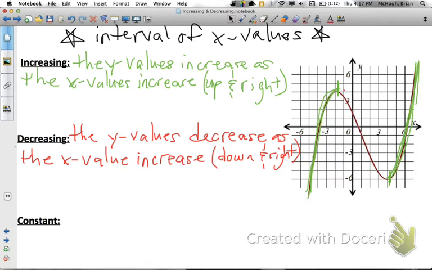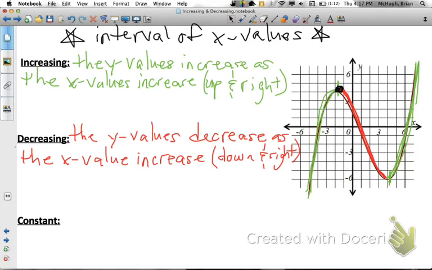So this portion of the graph right here is obviously going down to the right. We're always going from left to right. So then it becomes a matter of, are we going up, which is increasing, or are we going down, which is decreasing? And you can see this graph changes from increasing to decreasing to increasing again. The key to describing the intervals is to figure out where it switches.